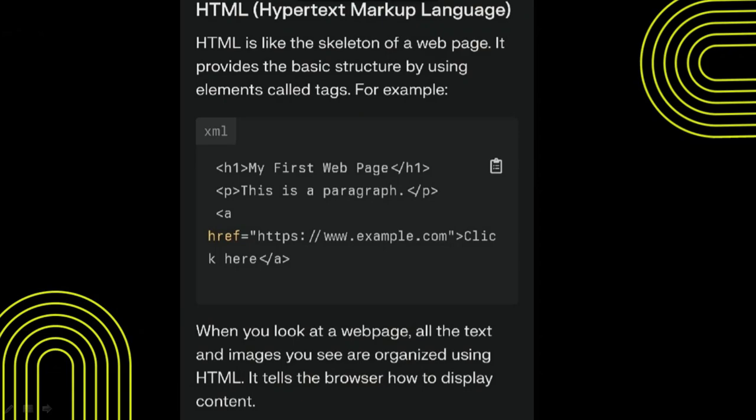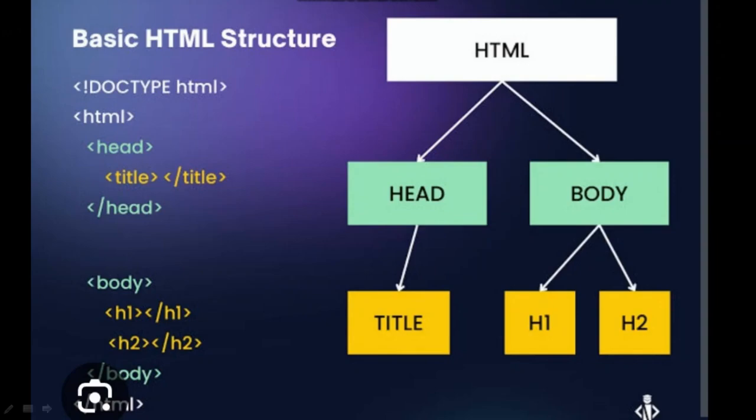The H1 tag is used for displaying the heading, the P tag is used for displaying what you want to write, like your write-up, and the A tag is used for displaying your link. Now, when you put this code into your web browser, it displays the heading, my first web page, and this is a paragraph. That is what it is.